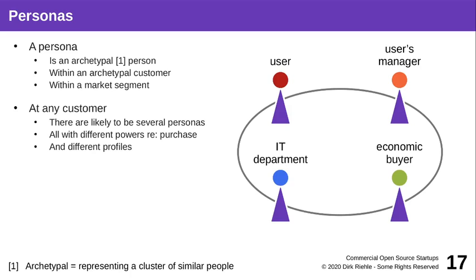And these archetypal people in customer companies can be quite different because they play different roles. The most obvious one is the user of your product. The user may or may not have an important say on whether the product is bought. The user's manager may have more to say in terms of your sales success than the user, because they're obviously the superior of the user and maybe more powerful.